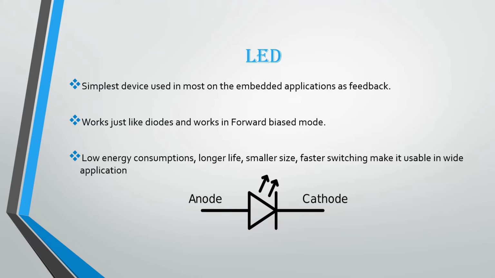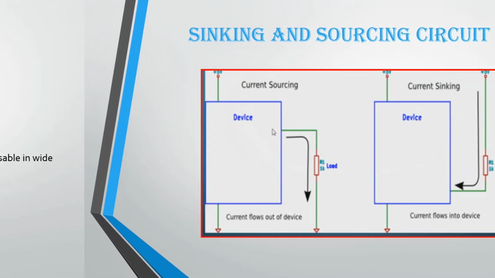It works just like diodes and works in forward bias mode. LED is used because it consumes low energy and has longer life, small size and faster switching that make it usable in wide applications. As shown on the slide, it is the symbol of light emitting diode.